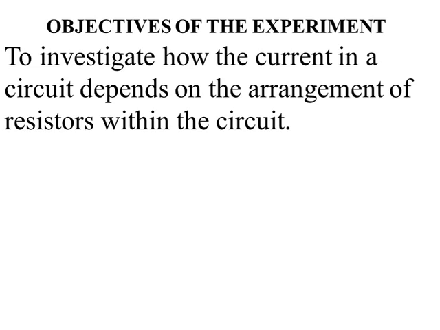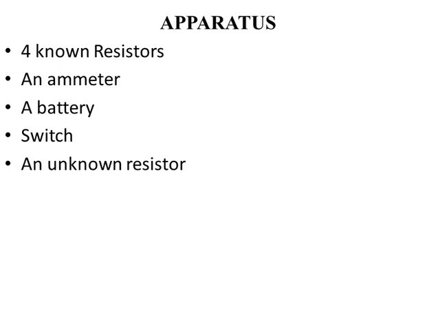For parallel, the current is divided among the branches depending on the number of branches we have. So the main aim of the experiment is to investigate how the current in a particular circuit depends on the arrangement of resistors within the circuit. Now the apparatus needed: we will need 4 known resistors.